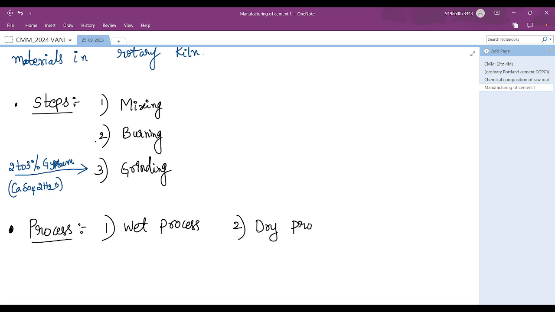As the name suggests, in the wet process, we mix the raw materials required for the manufacturing of cement in wet condition by making use of water. Whereas in the dry process, we don't use water for mixing. Instead, we use compressed air.